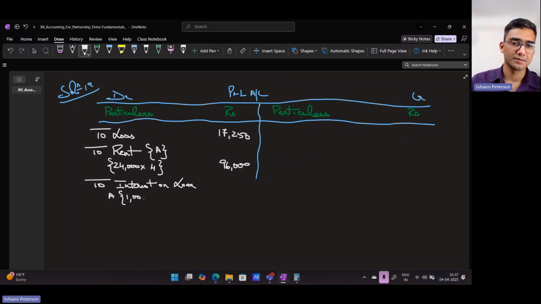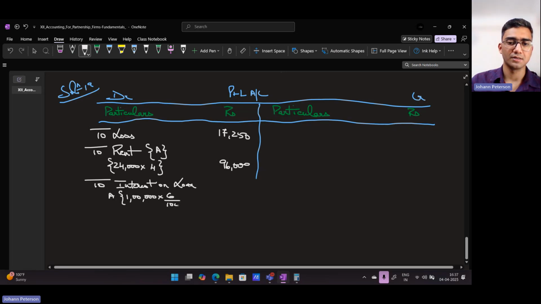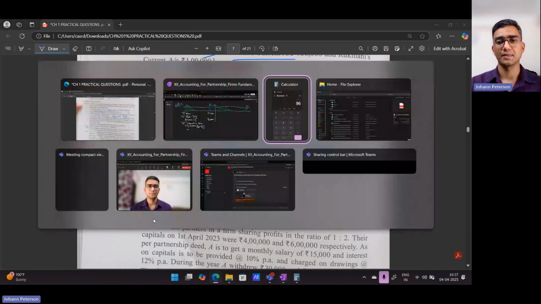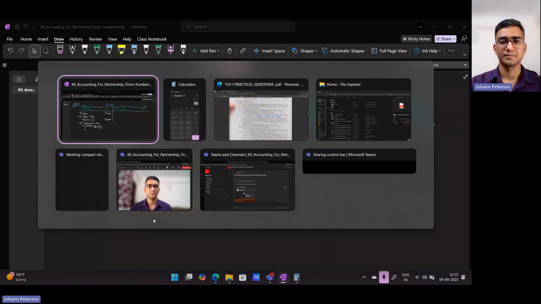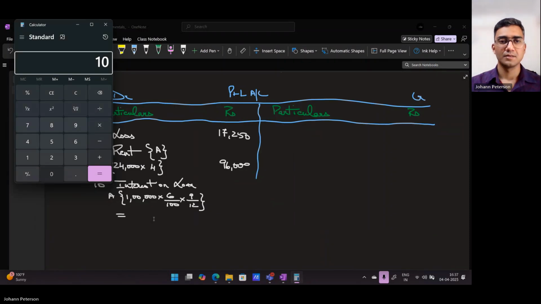So 1 lakh into 6 upon 100. It is given on 1st of July, that means 9 months till the year ends. So 9 upon 12, which is coming as 1 lakh into 6 nines are 54. Divide the whole thing by 1200. Gives us 4,500.